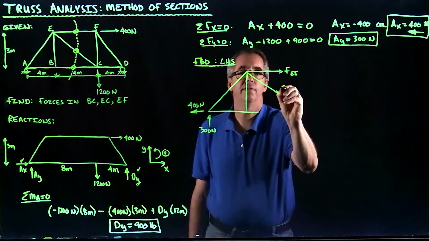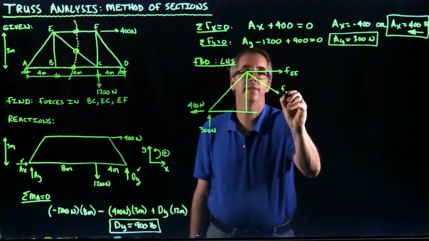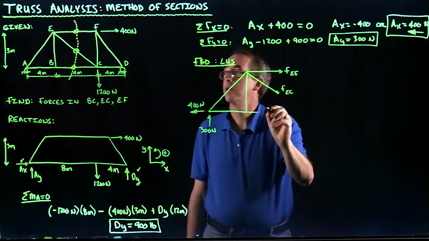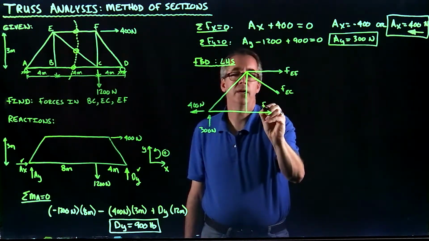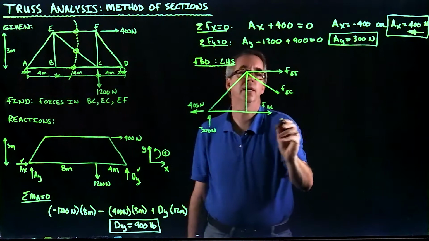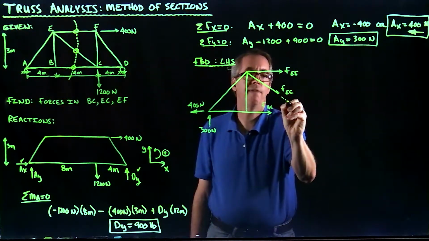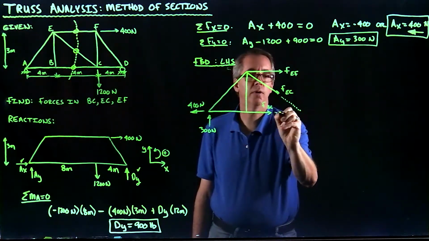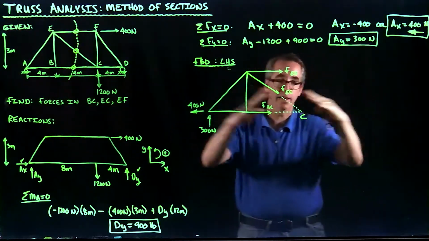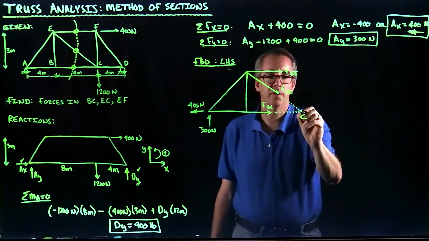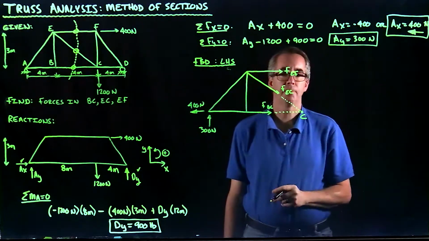I'm going to call that force in EC. And then the last one we cut, of course, was this right here, which is force in BC. Okay, and for convenience, I'm also going to go ahead and extend these and show that they're concurrent forces, right? Meaning that they would intersect each other at this point C.